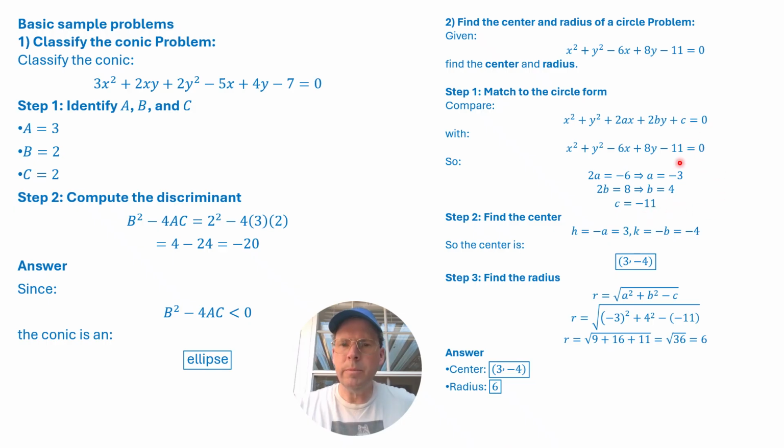And then that C is equal to minus 11. So the center is (3, minus 4). Then find the radius using that formula. Put in your A's and B's and C's and calculate out the 6. And just basic stuff for that.